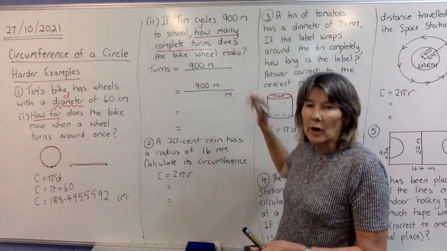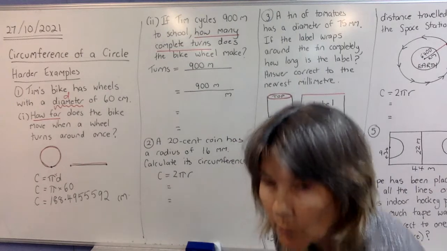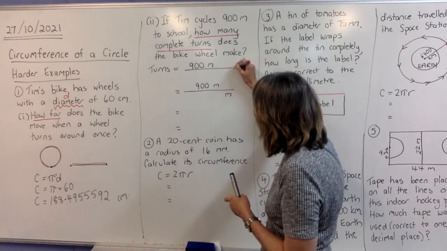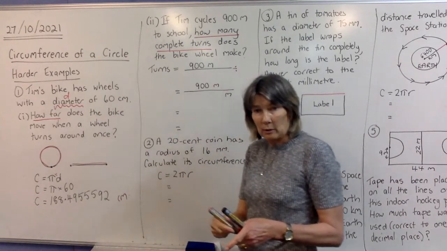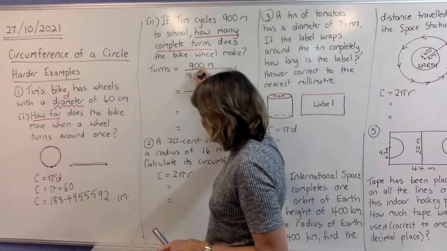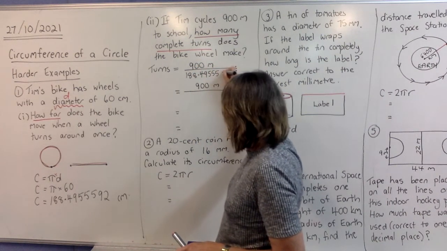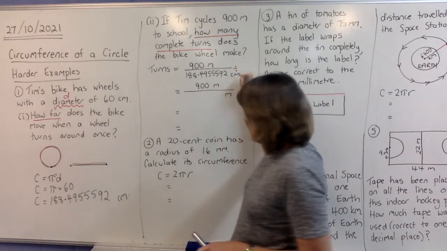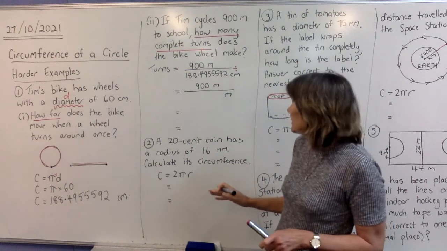So we have to take the 900 metres and divide by the distance of one turn of the wheel, to see how many of these will get us there. So I'm going to copy that number that we just found in here. But the only problem is that's in centimetres and this is in metres. You must have everything in the same units.